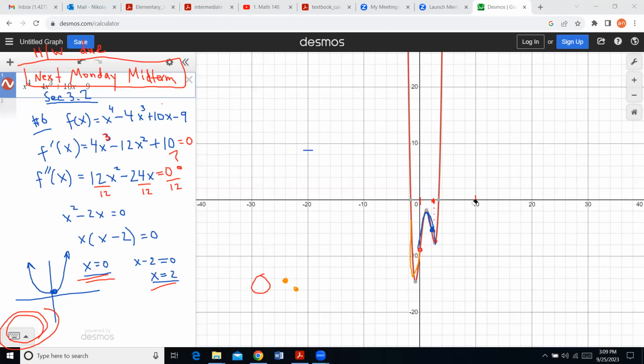Also, we'll see that besides using the graphing calculator, we're going to need a little extra. We're going to need to find the first derivative and second derivative, but that's exactly what they're designed for.